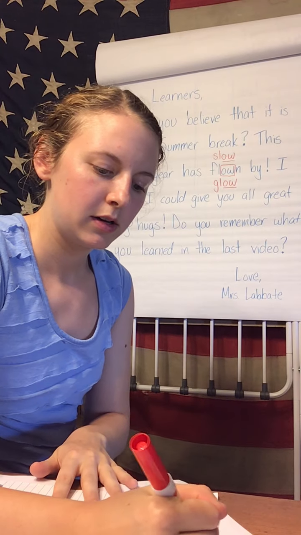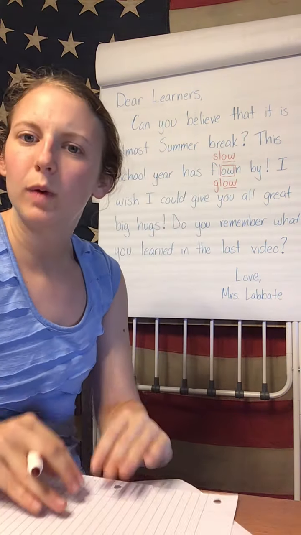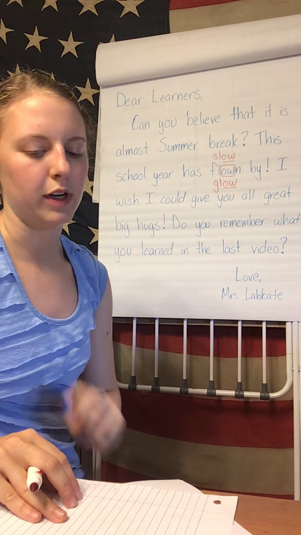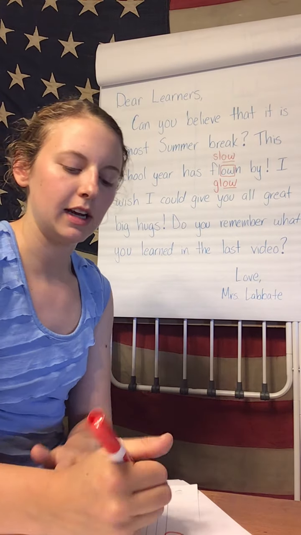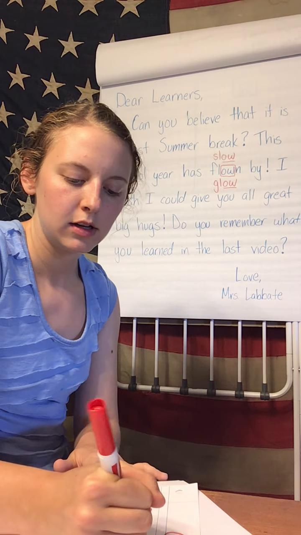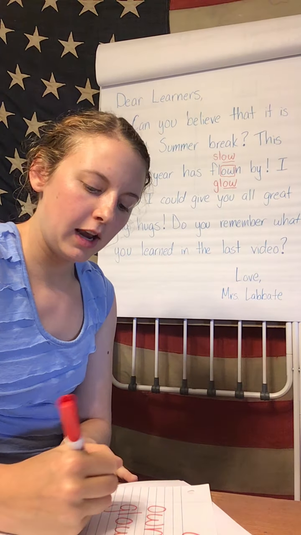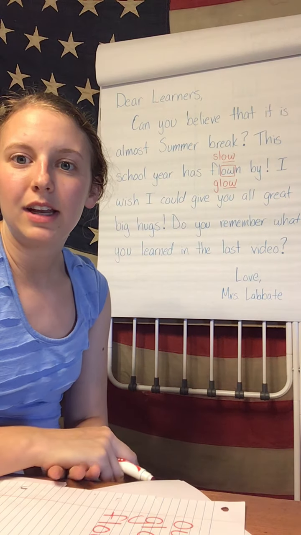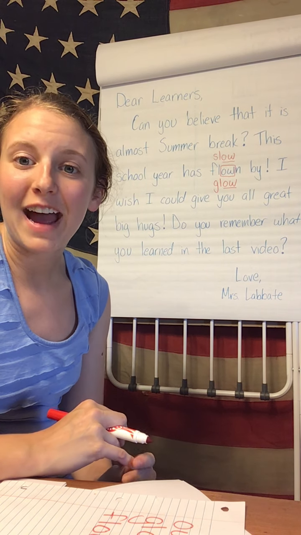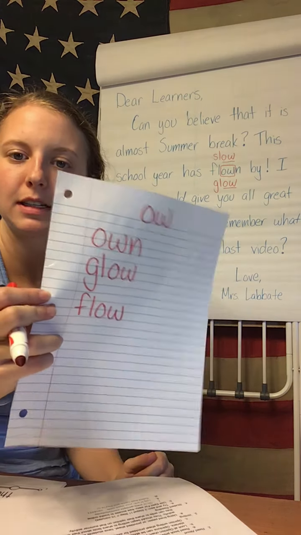At the top, write O-W, and it's making a long O sound. So you could think of own, glow, flow, or flown. This is a different way that we can use vowels to chunk it so that we can come up with other words.